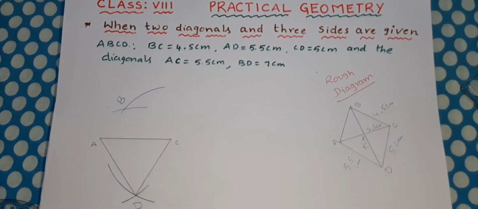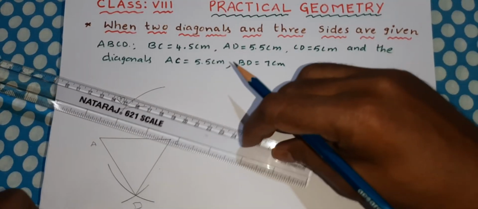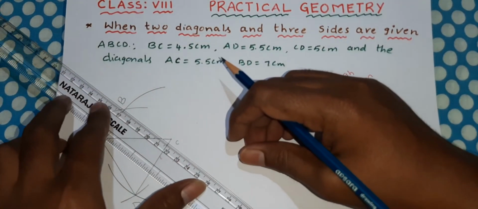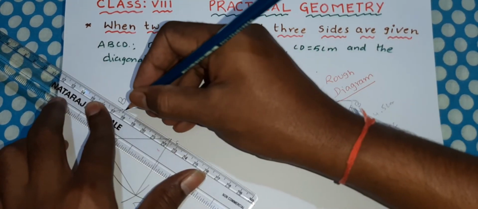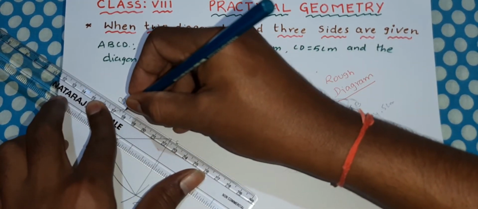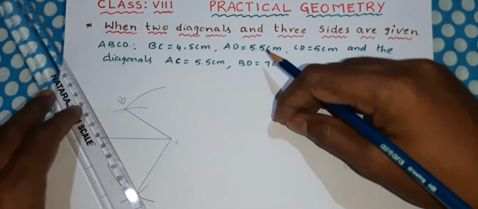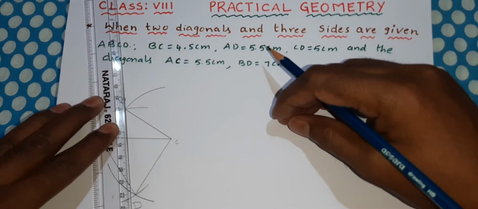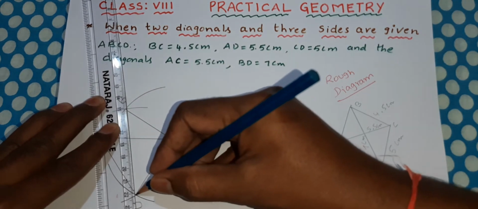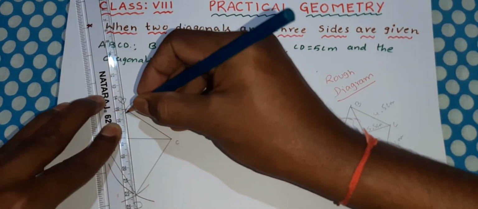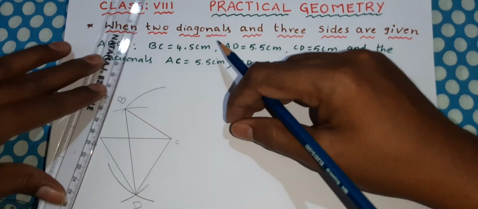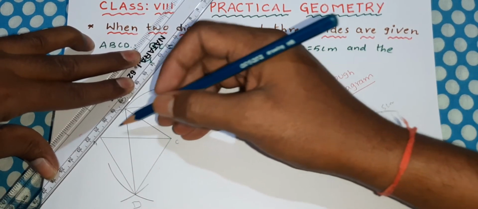Now join BC as well as BD and AB. First join BC, then join BD, then join AB also.